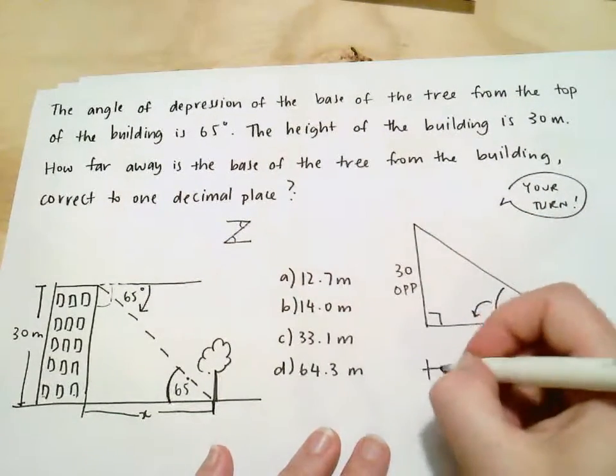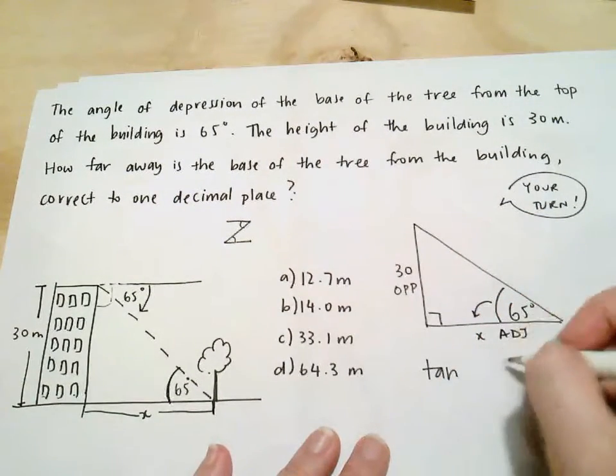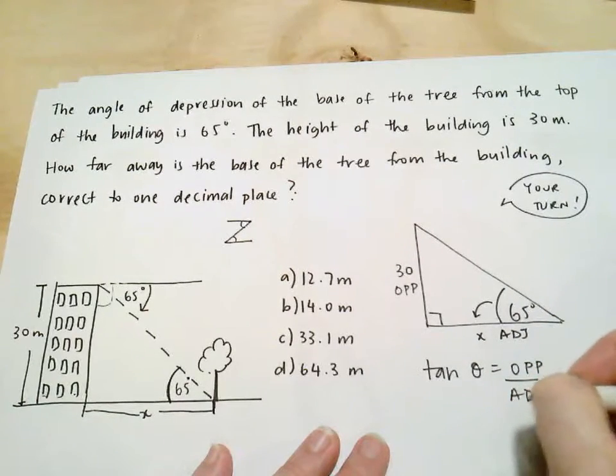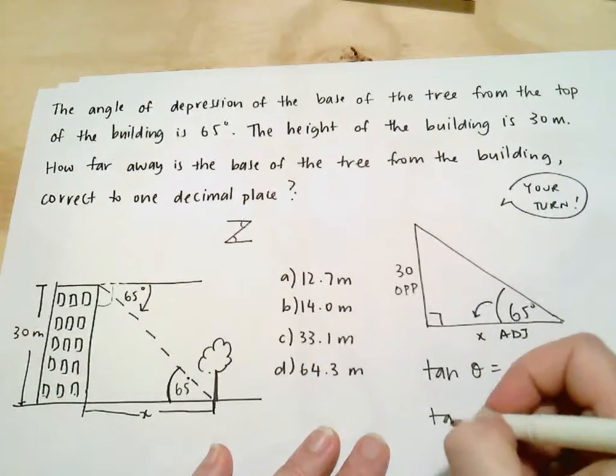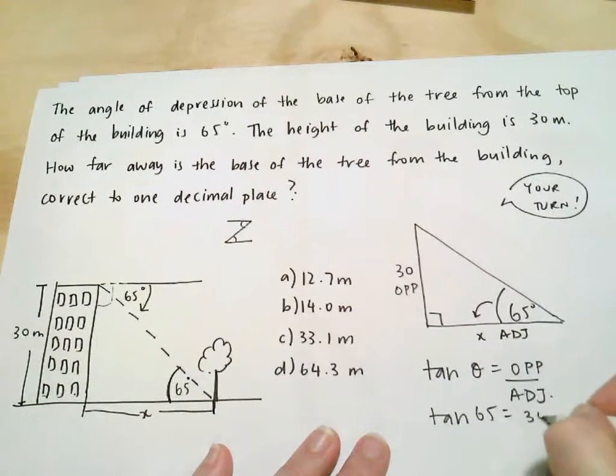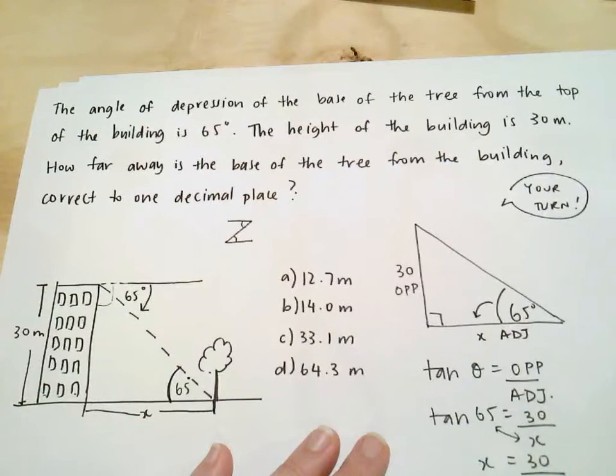I'm going to use tan because it's opposite and adjacent. Tan theta equals opposite over adjacent. Sub in what I know. I know that theta is 65. I know that my opposite is 30. My adjacent is x. My x is on the bottom, so I do my switcheroo. X equals 30 over tan 65.